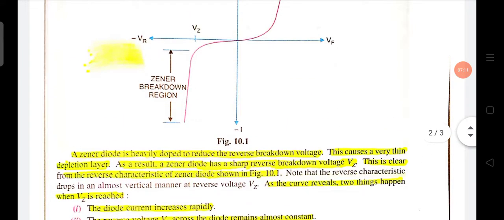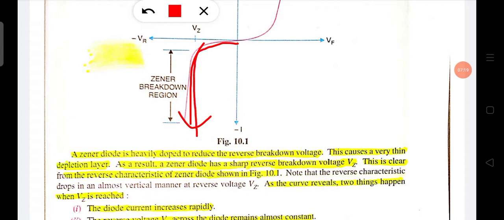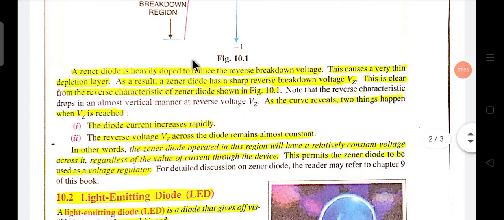Here you see the reverse current is sharply increased. Due to heavy doping, the reverse breakdown voltage is reduced so that the potential barrier region is thinner and thinner, and the Zener diode has a sharp reverse breakdown voltage Vz.